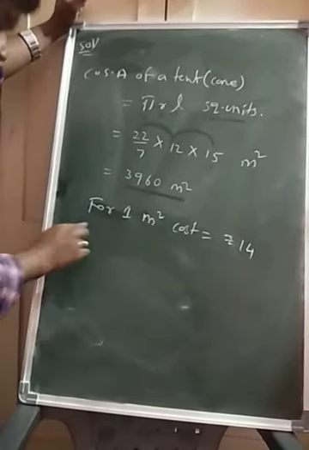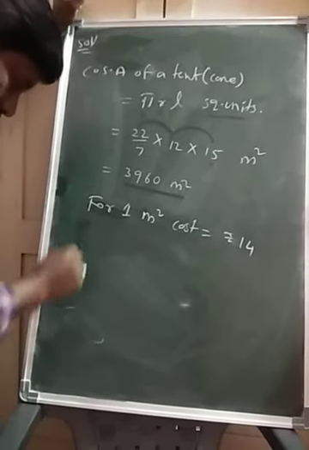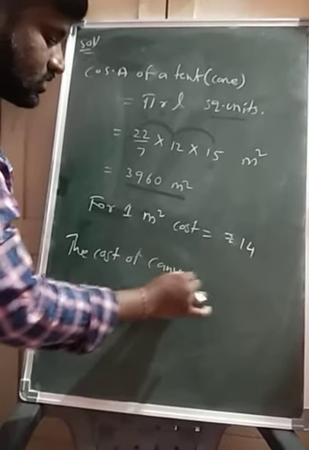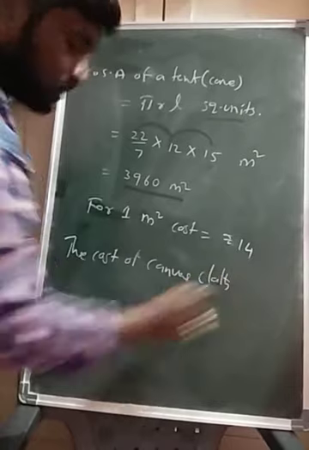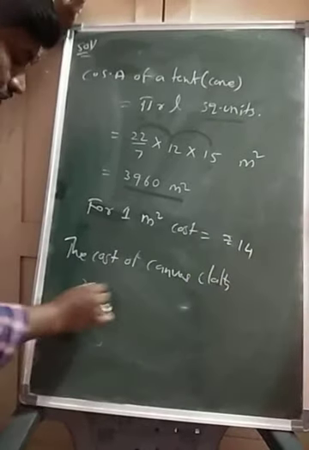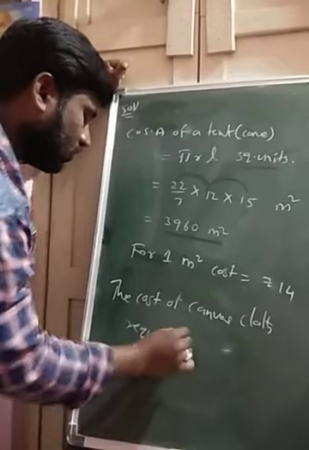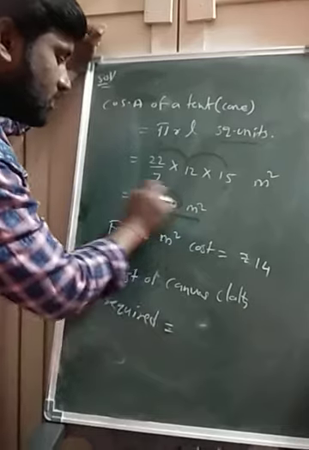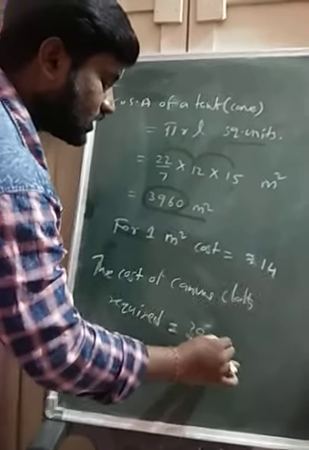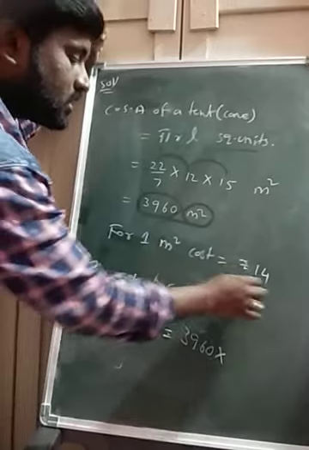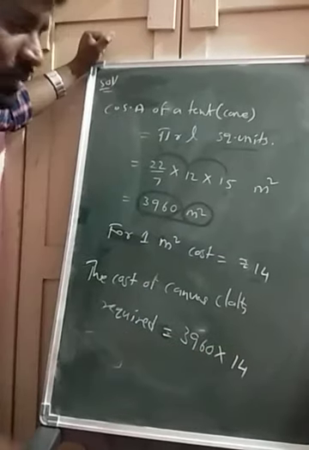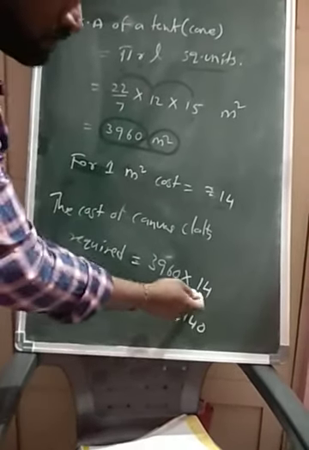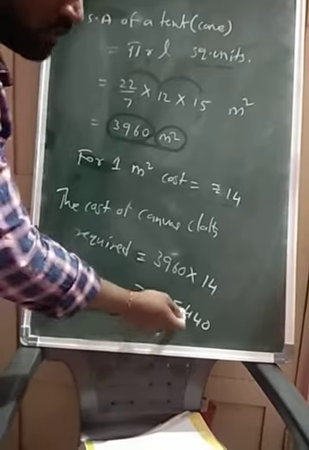So the cost of canvas cloth required is equal to 3960 into 14, since for 1 square meter the cost is rupees 14. 3960 into 14 is 55,440.